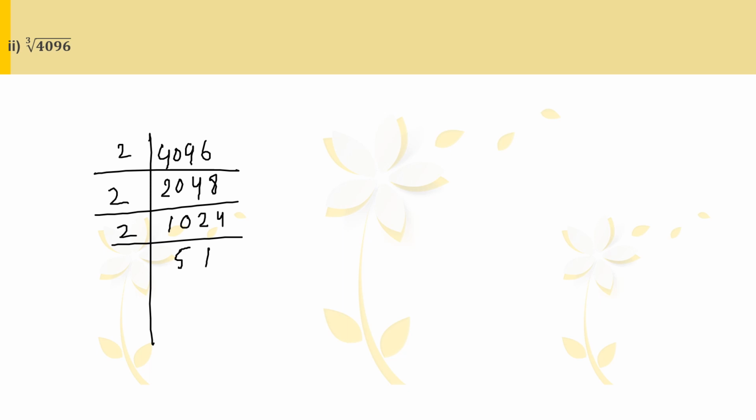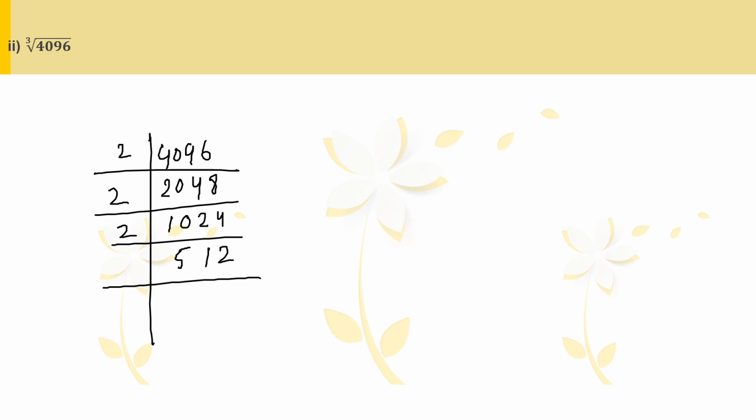Let's do the prime factorization of 4096. We have 2 twos are 4, 2 fours are 8, 2 eights are 16, 2 ones are 2, 2 twos are 4, 2 fours are 8, 2 fives are 10, 2 ones are 2, 2 twos are 4, right?